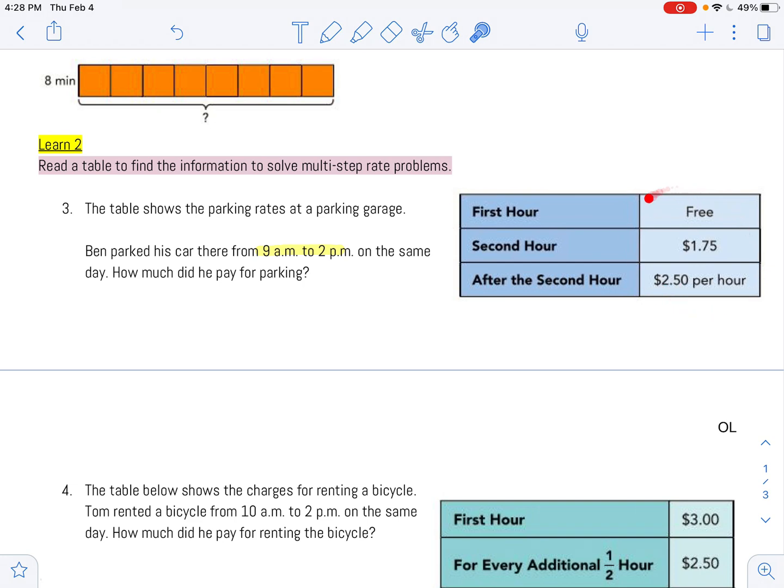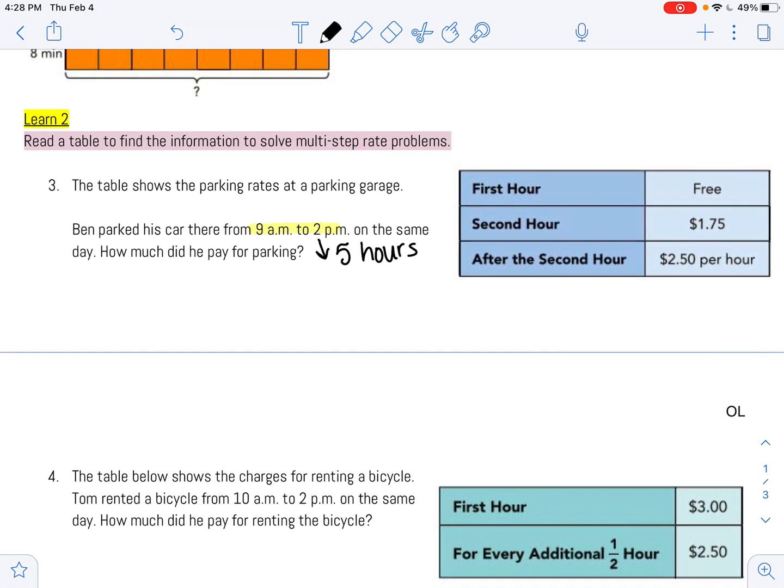So given this information over here and the time frame of which he was parked, we're going to figure out how much he paid. So from 9 a.m. to 2 p.m., that's a total of 5 hours. So for 5 hours of parking, we want to find what the price was.